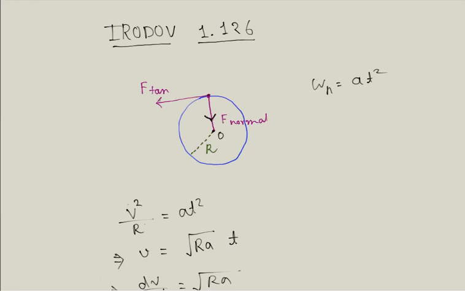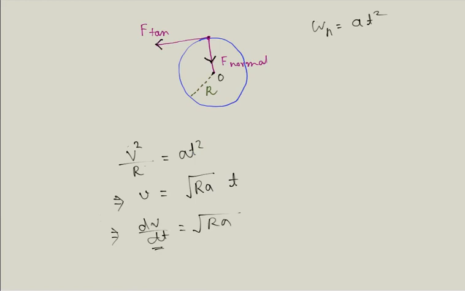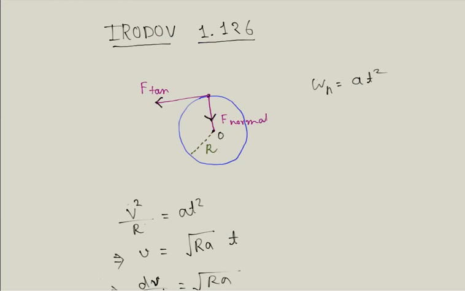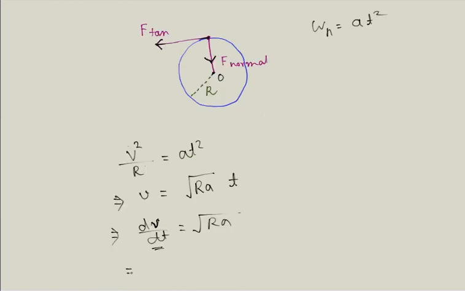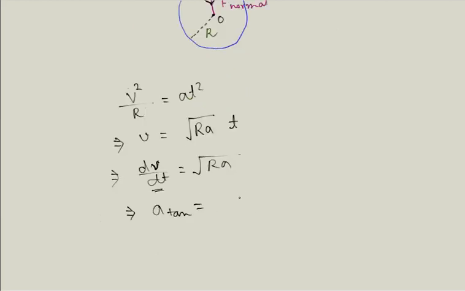The velocity vector always directs tangentially at each point, so rate of change of velocity means some force is acting on the particle when it is moving along the circle, and the force directs in the direction of tangent to each point, so it will give the tangential acceleration, which is caused by some tangential force which is different from the normal force, and both forces are normal to each other.